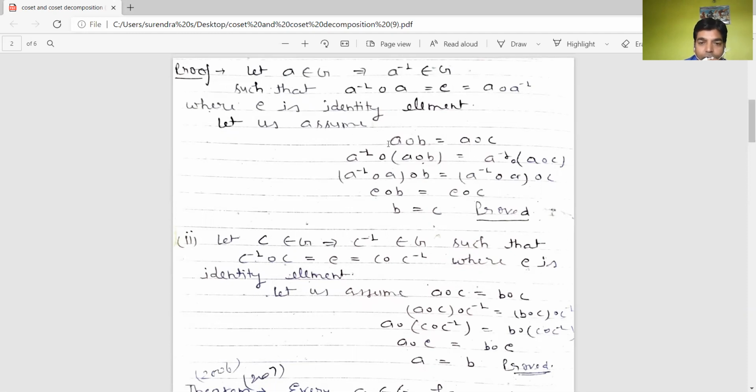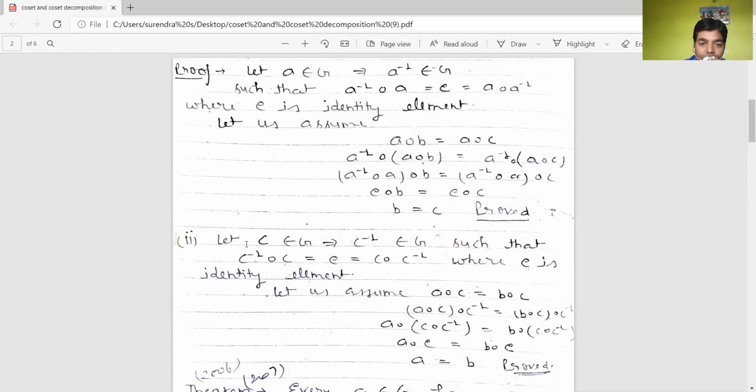Now assume A operation B is equal to A operation C. Now we apply A inverse on both sides, then by the associative law, (A inverse operation A) operation B is equal to (A inverse operation A) operation C. That implies B is equal to C.